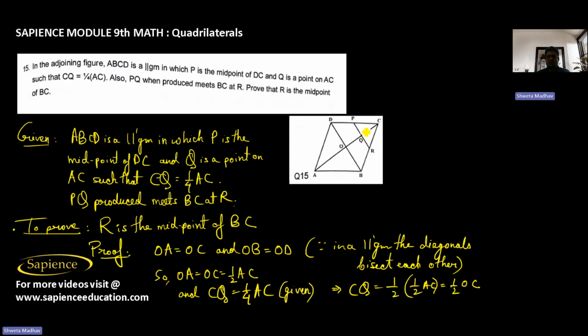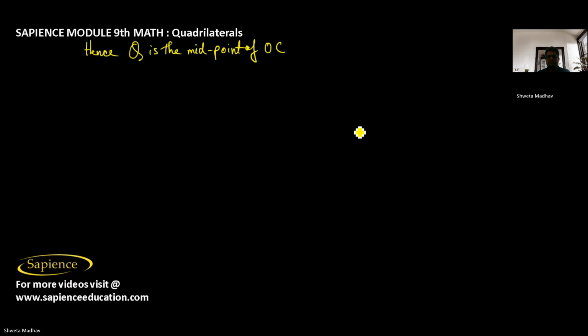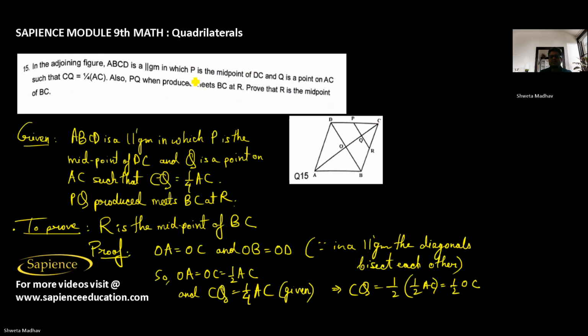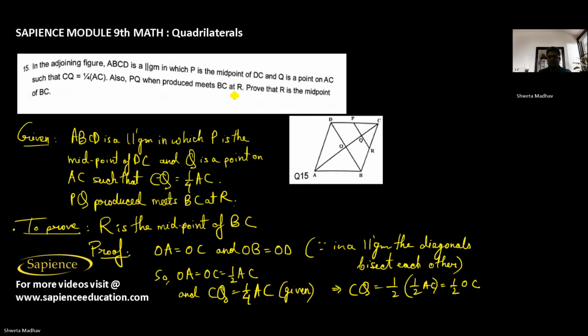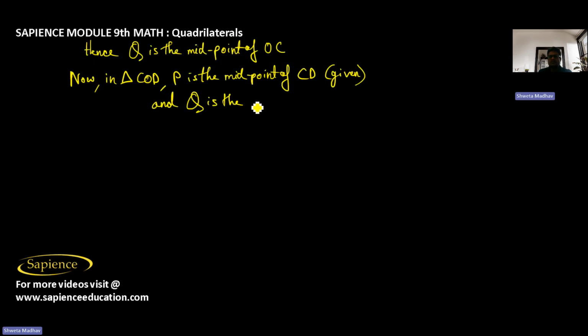And P is the midpoint of DC. So now in triangle COD, P is the midpoint of CD, which is given, and Q is the midpoint of OC, which is proved above.